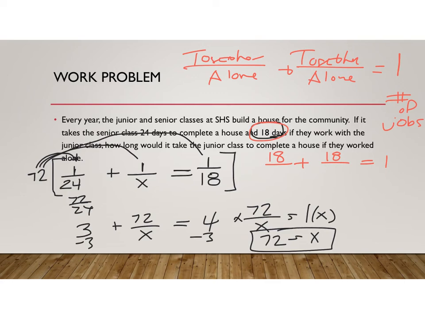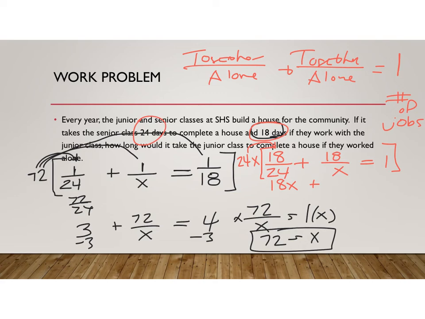The seniors' alone time is 24. The juniors' alone time, we don't know, which would be x. So our least common denominator is 24x. Multiplying this through, the 24s would cancel here. I'd have 18x. Here my x's would cancel.